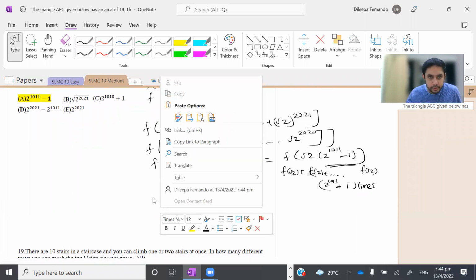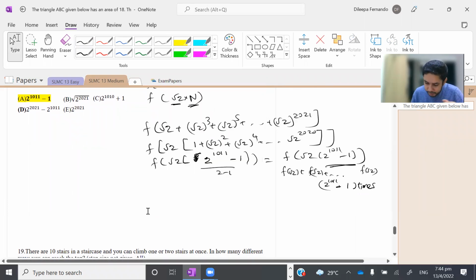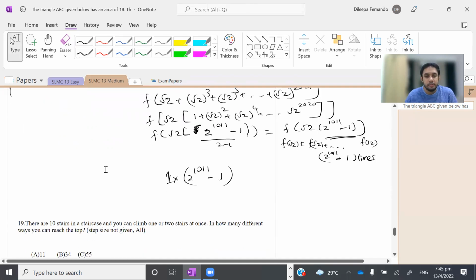Means we know that if f of root 2 equals 1, then the answer is 2 to the power 11 minus 1. This one, this is the answer. Hope this is clear.